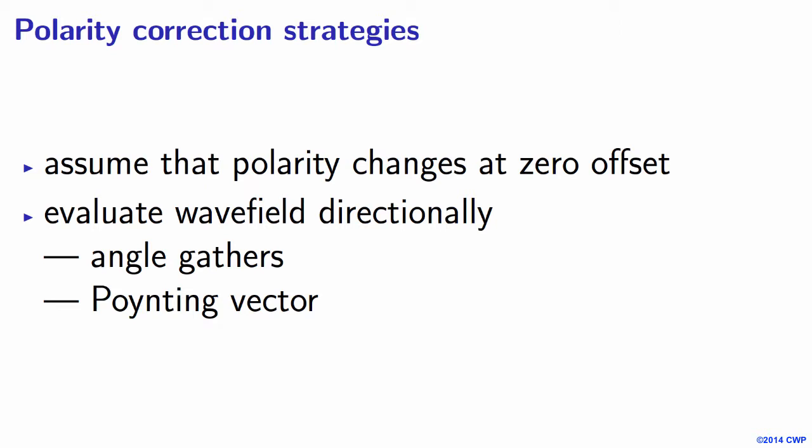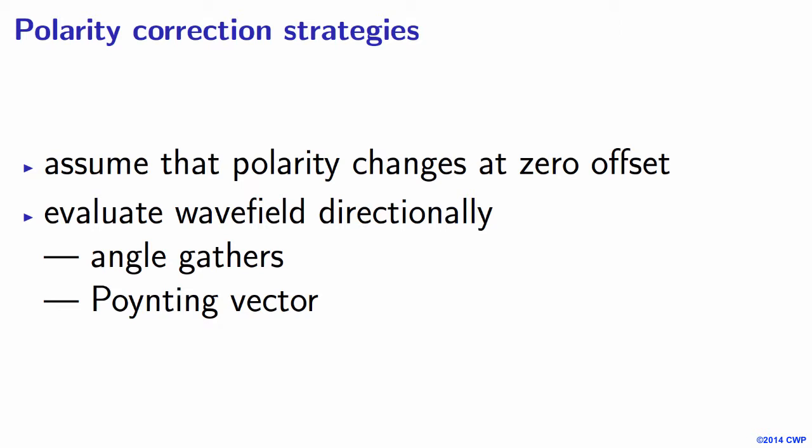And there are different methods to compute the incident angles. For example, using the angle gathers by computing the extended imaging conditions. This method is very robust and handles complicated wave fields, for example, waves interfering with each other.